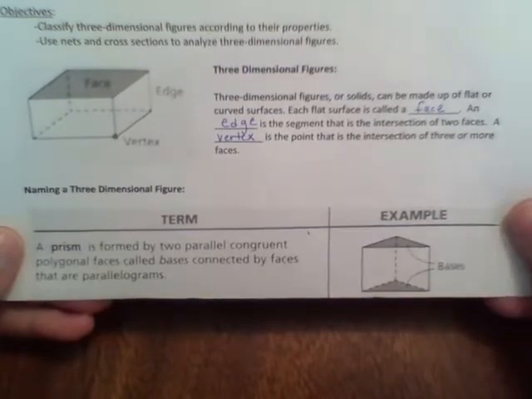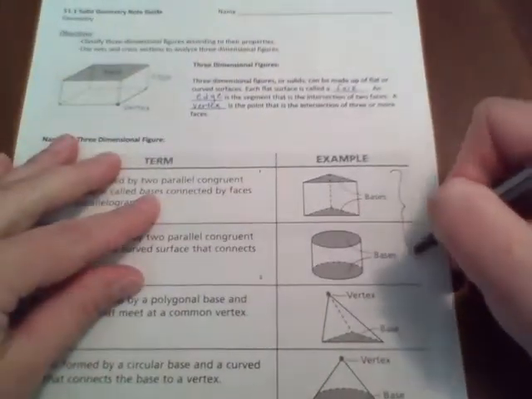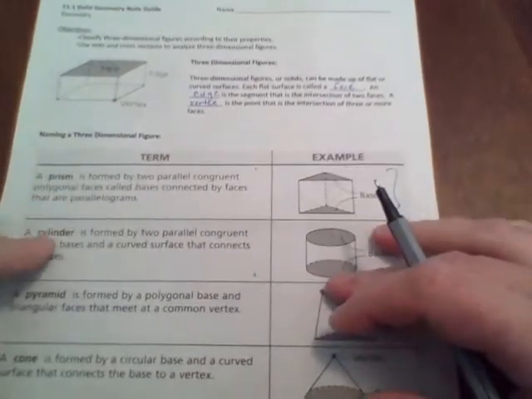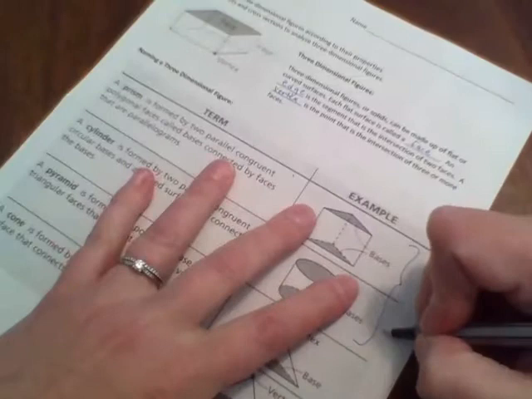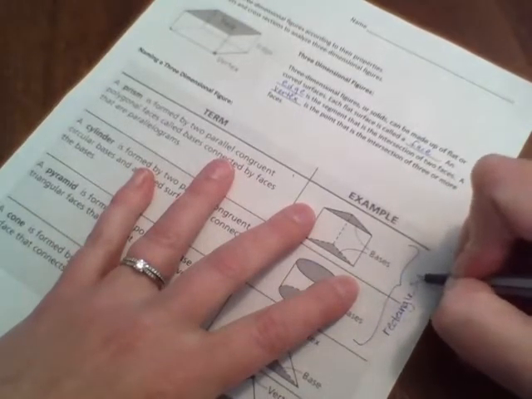When we go ahead and name three-dimensional figures, basically they're made up of figures that have triangular sides or square sides or rectangles. So if we take a look at what's happening here, these two are using this word prism, or cylinder if there's a rounded side, and those have rectangle sides.